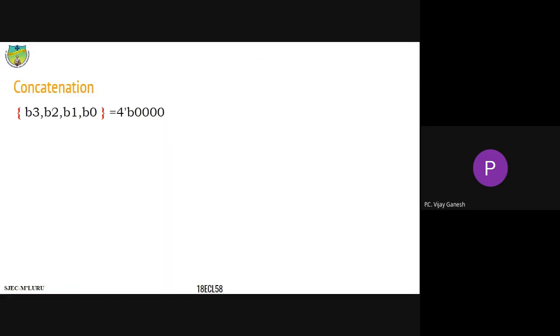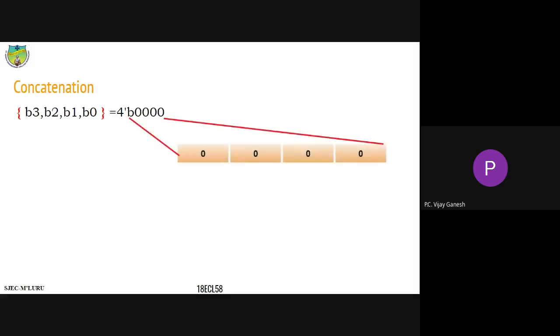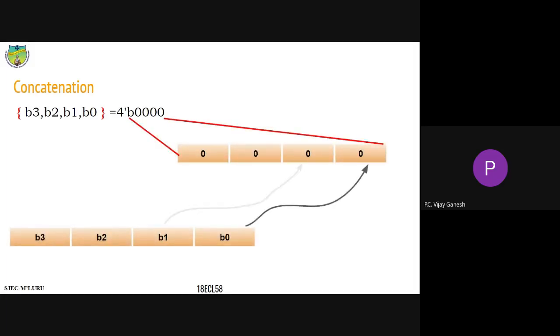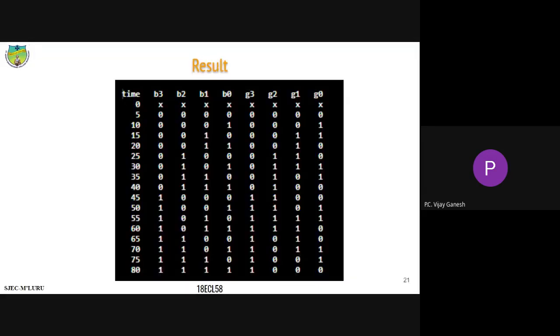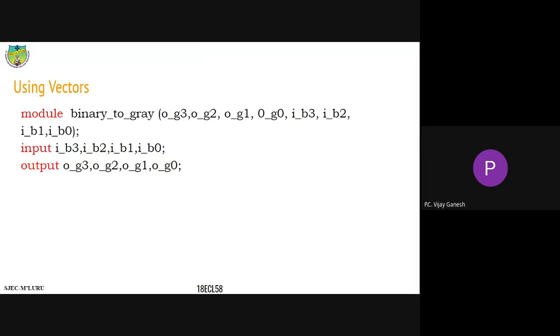To use that, we should understand arrays and vectors. So here I'll give an example of how to write the same code using a vector. Okay, so this is the code. Previously we have discussed the module name, and we have 4 input and 4 output variables.